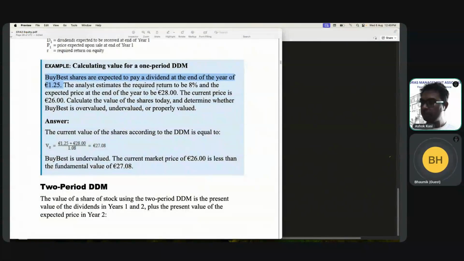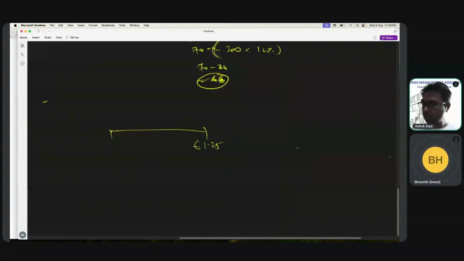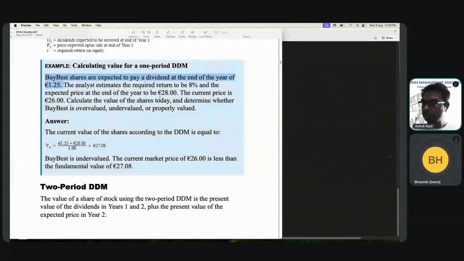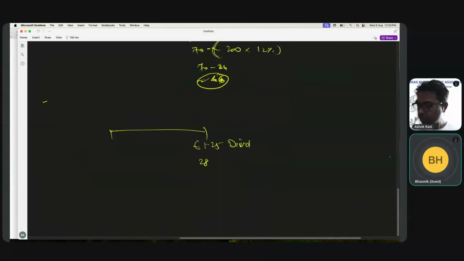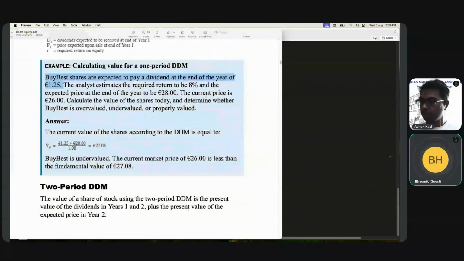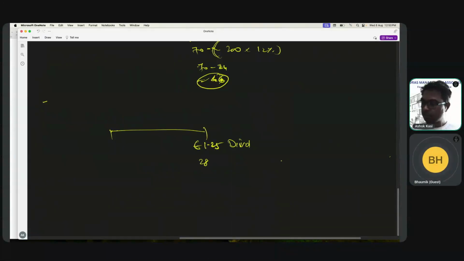They estimate the required rate of return to be 8%, and the expected price at the end of the year to be 28. So this is the dividend, and the price is expected to be 28. The current price is 26.